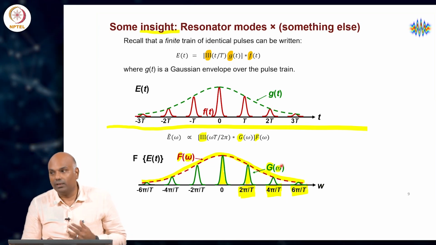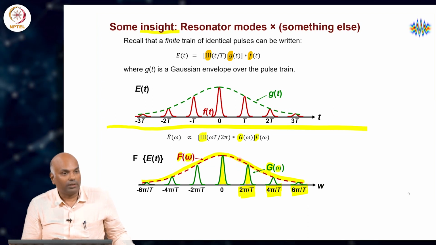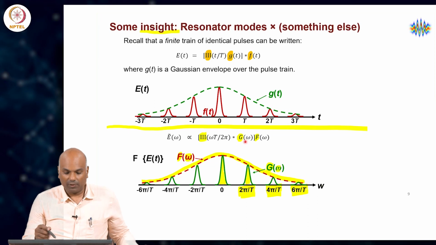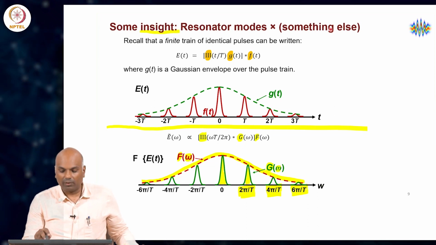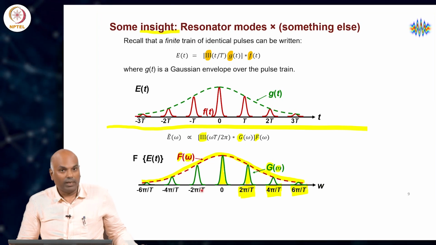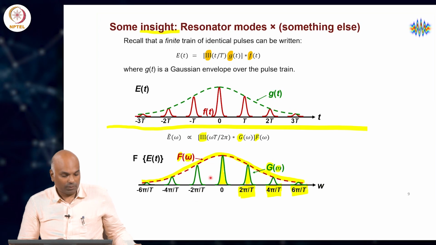Okay. So, we can indeed have a train of pulses using a resonator like this. So, the fact that I have resonator modes and an envelope with this functional form blends into having pulses in the time domain, owing to its spectral structure.